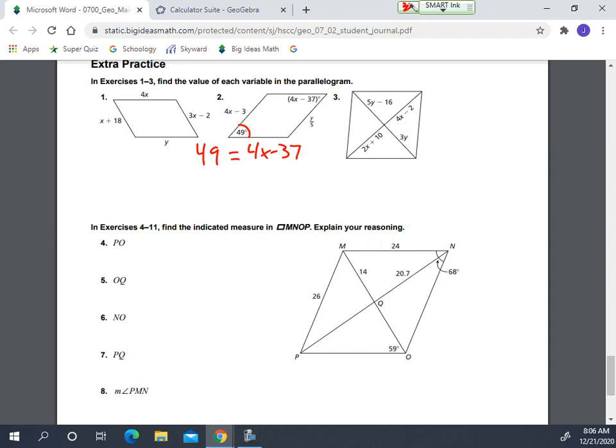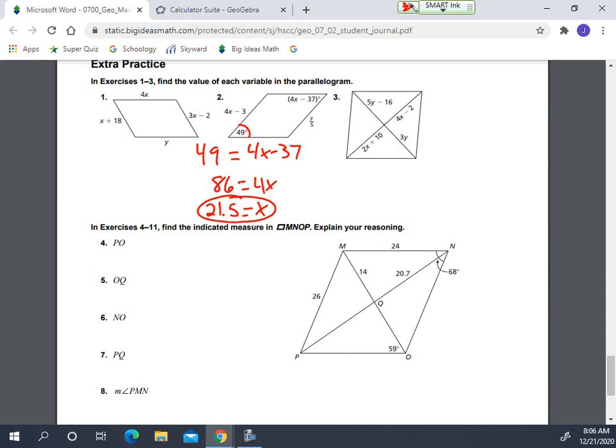Okay, if I add 37 to 49, I get 86. Right? No, I didn't do that right. Yeah, I did. 49 plus 37, pull up my code, 86. 86 divided by 4, x is equal to 21.5.